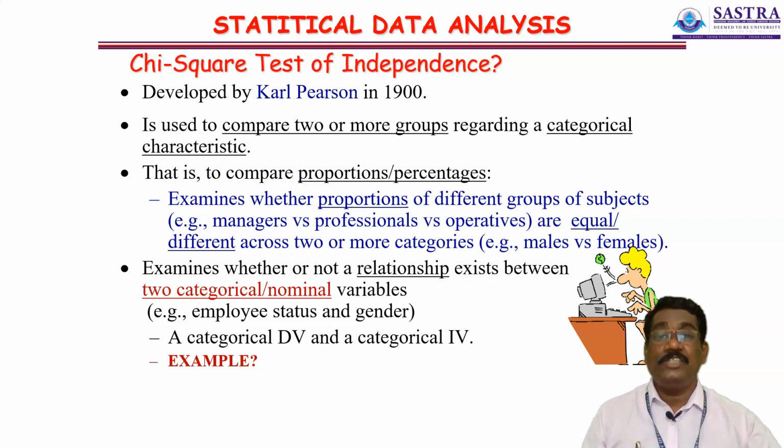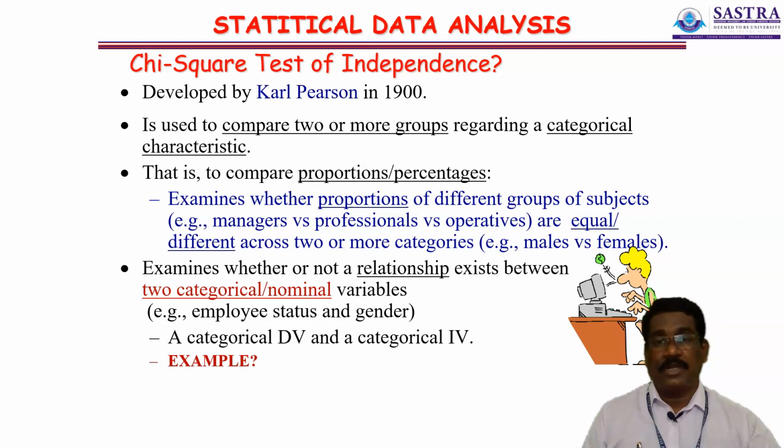So how do you write H0, the null hypothesis? There is no significant association between the experience of the employee and the productivity. Similarly, the alternative hypothesis is just the opposite: there is a significant association between the work experience of the employee and the productivity.